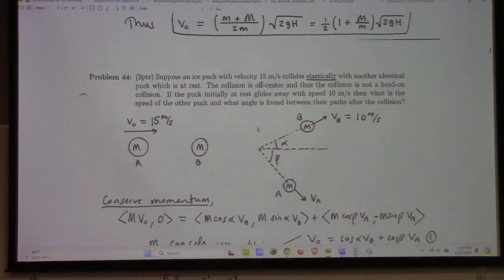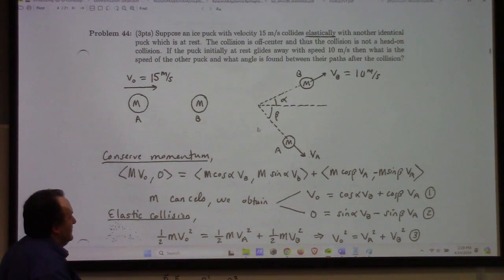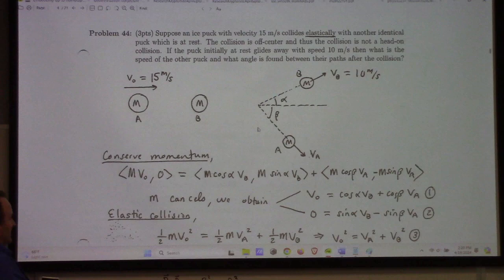This one here is the glancing elastic collision problem. I was trying hard to make this work with unequal masses, and it just ain't the case. Right, you have to have equal masses for this thing to work out.